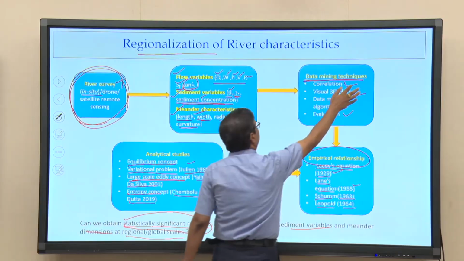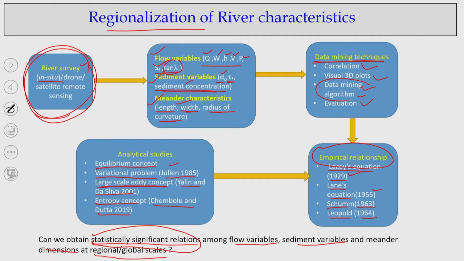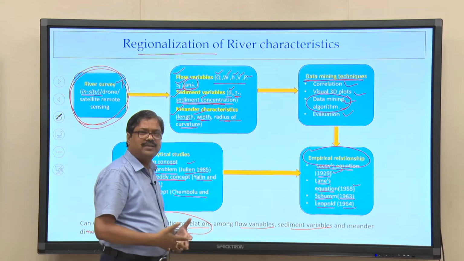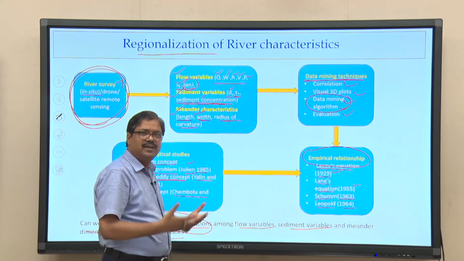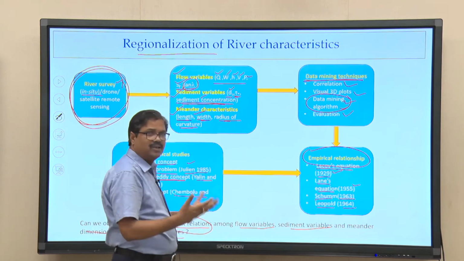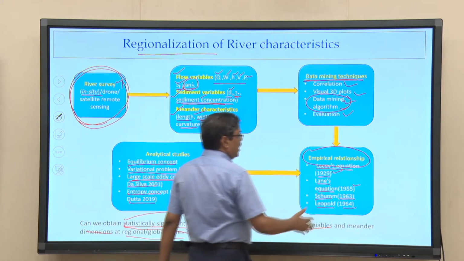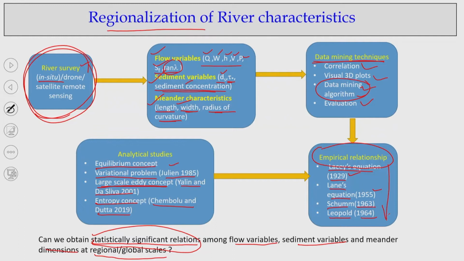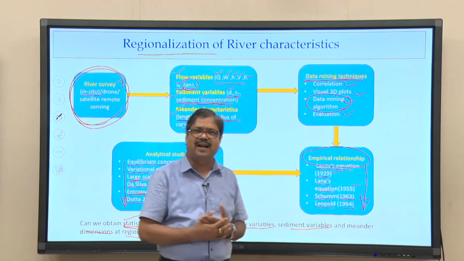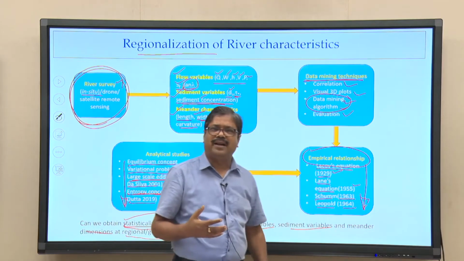Recently there are a lot of data mining algorithms, and correlations, visual 3-dimensional plots, and any spreadsheet, Microsoft spreadsheet, you can use to establish the empirical relationships we got almost 70 years back. But there are new concepts coming, starting from equilibrium to entropy. That is the basic idea when you do an empirical relationship.